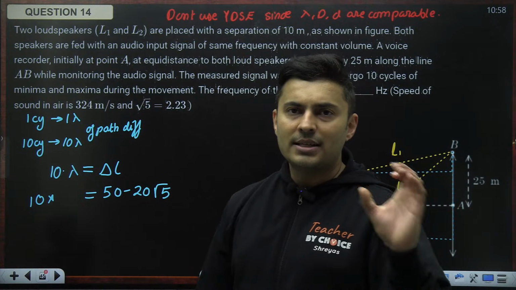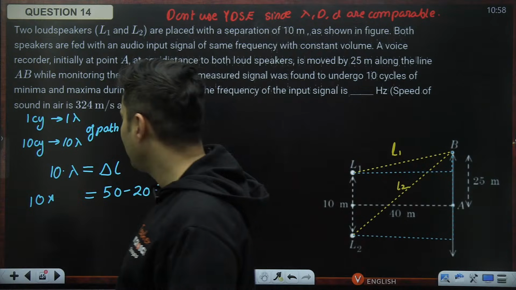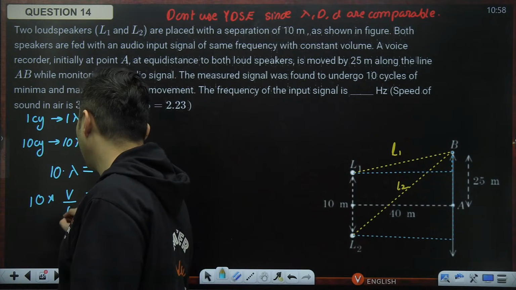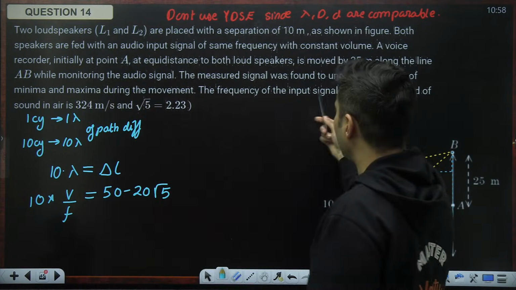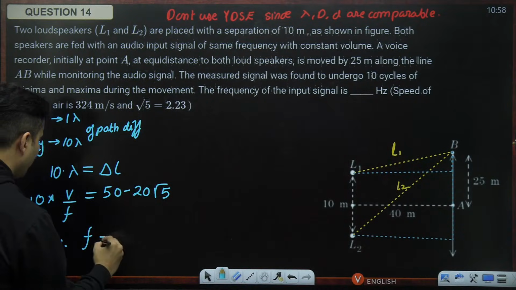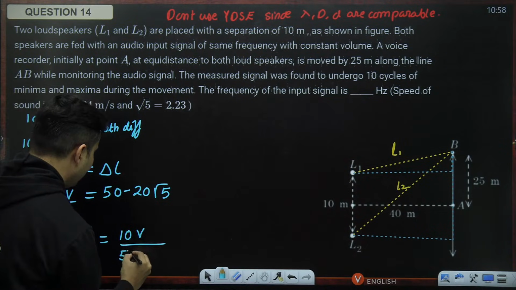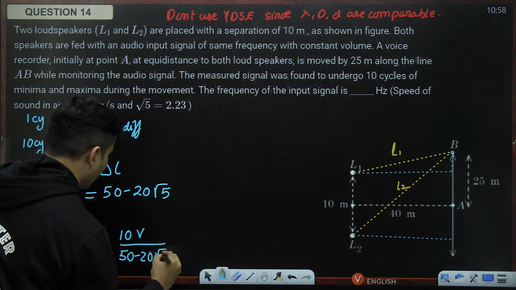Speed of sound is nothing but f into lambda. So lambda will be v by f. So it will be v divided by your frequency, and I think the frequency is asked. So that's what I'm slowly converging on. So f will be 10 multiplied by v divided by 50 minus 20 root of 5.